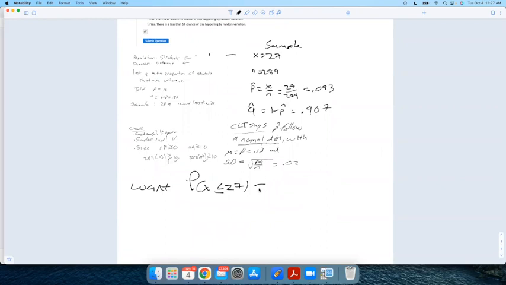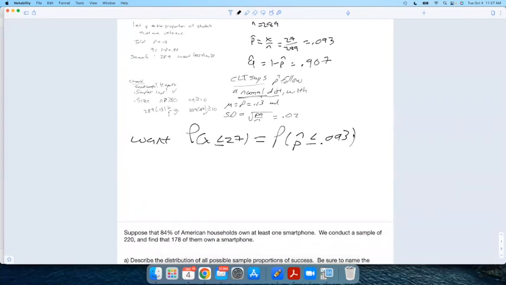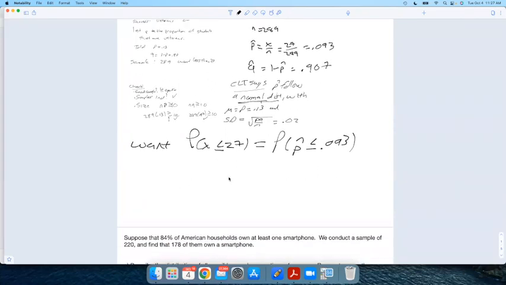So this is the probability that my P hat is less than or equal to, what was my P hat? 0.093. So I want to be there and below. Draw a picture on these. Always draw your picture. This is a chapter 5 problem now. I've got this model here, a normal curve.